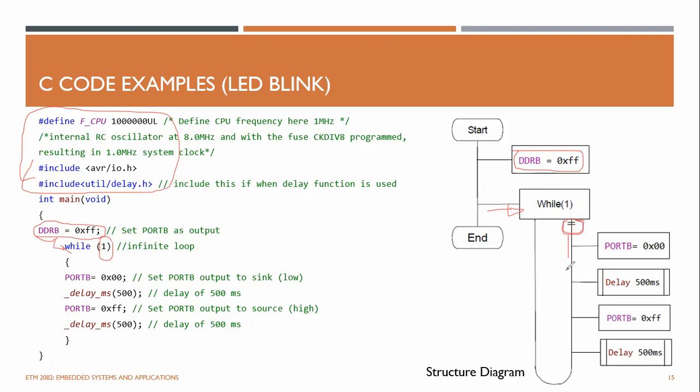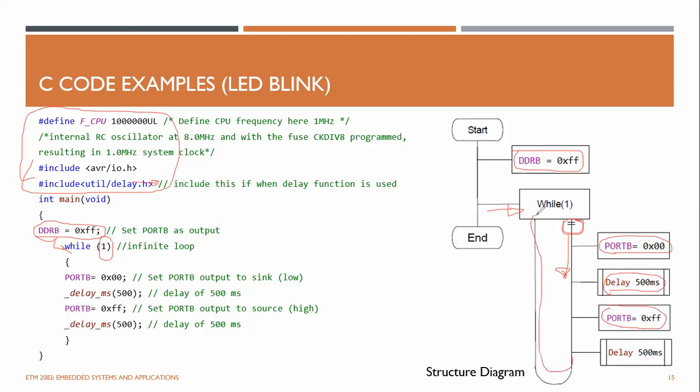If it is 1, then you will execute the rest and set the PORTB output value as 0, and call the delay function. So this is calling the delay function from this header library. And again, then turn on the LEDs and call the delay function, right?